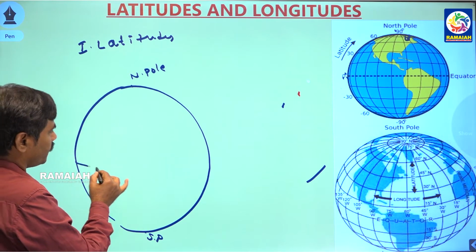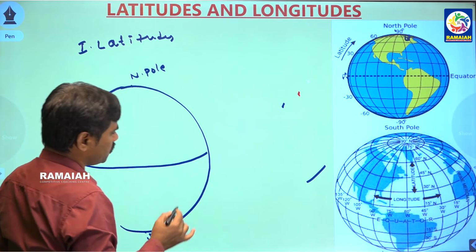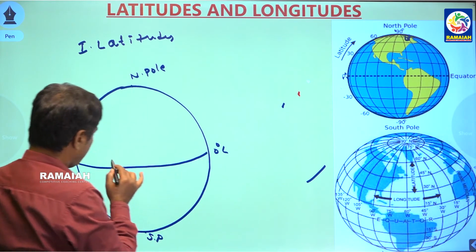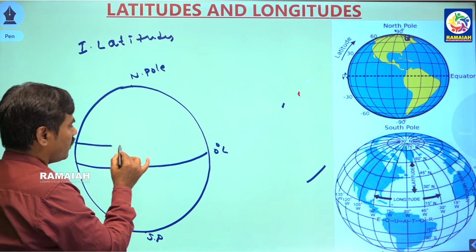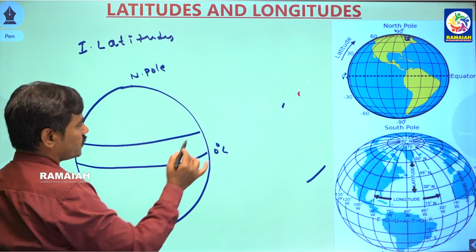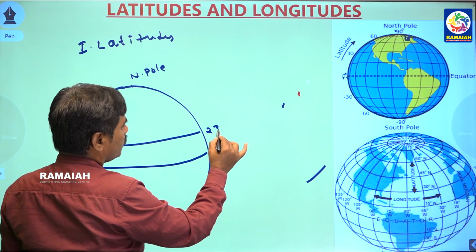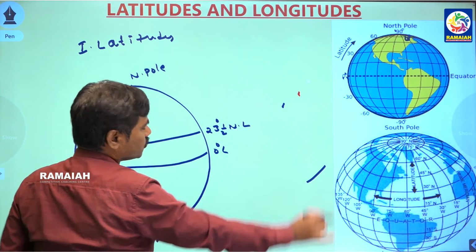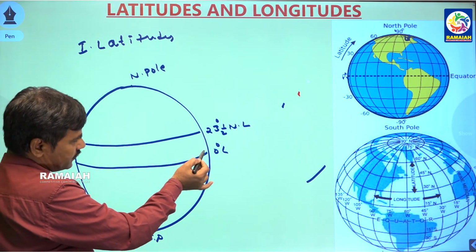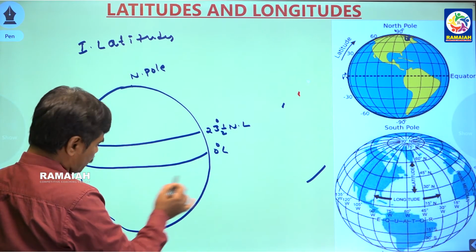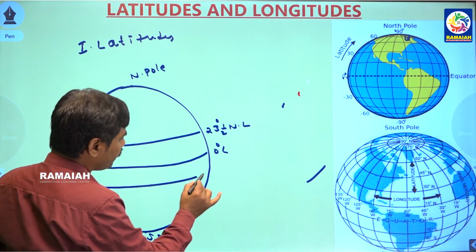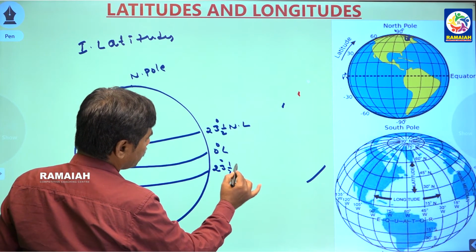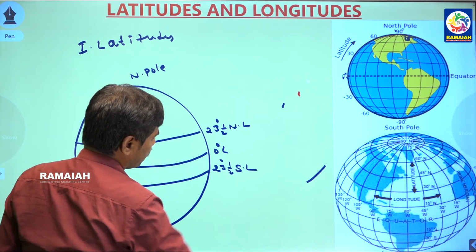One important latitude is the 0 degree latitude, and one more important latitude is the 23½ degree north latitude, and also 23½ in the southern hemisphere. This is also one of the important latitudes. This is the south latitude.